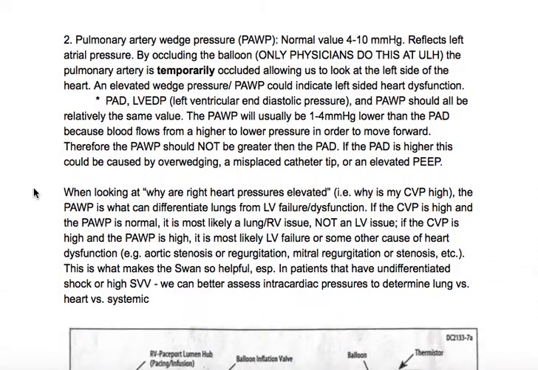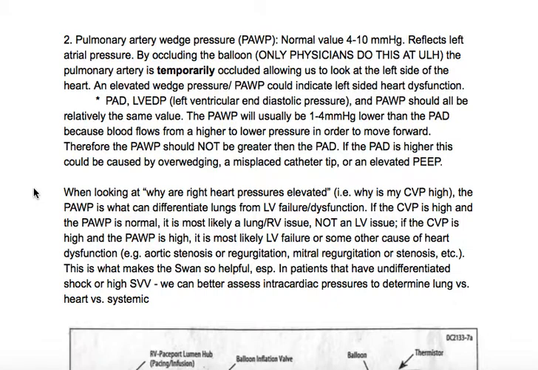Next, we're going to look at a wedge pressure. I'm going to preface this by saying a nurse at University Hospital does not ever wedge, ever. Some facilities allow nurses to do wedging, but it really can be very dangerous. So a pulmonary artery wedge pressure, we get that when you inflate the balloon at the tip of the catheter.